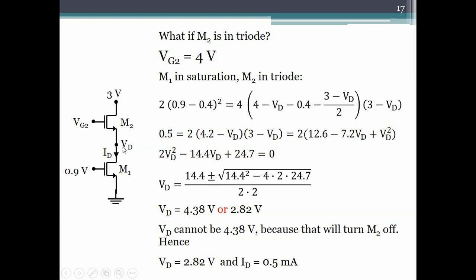So the gate source voltage of M2 is about 1.2 volts. This is 0.9 volts. So a triode region transistor carrying this saturation current of another identical transistor must have a higher gate source voltage, 1.2 volts.